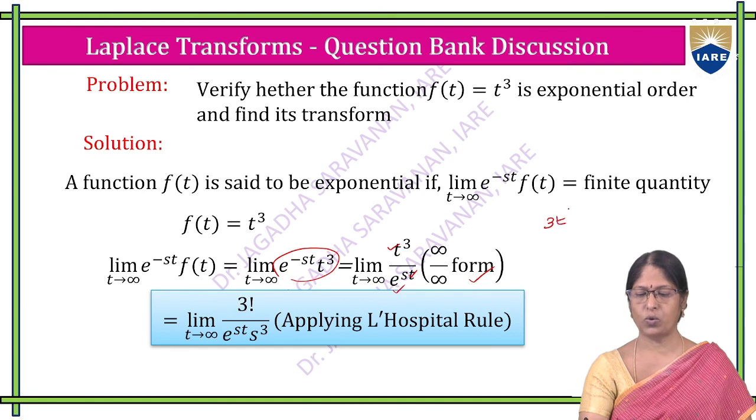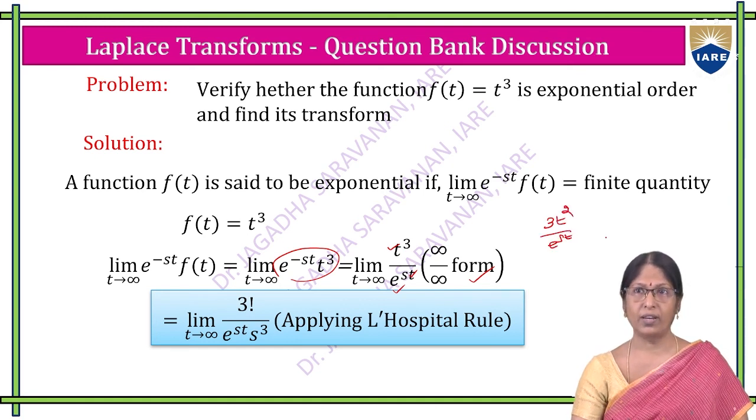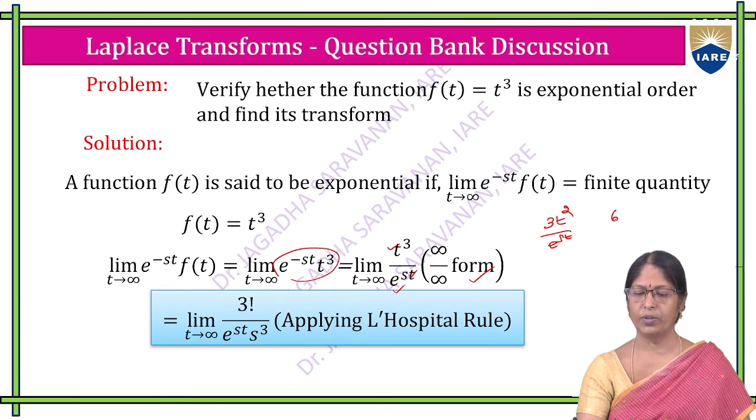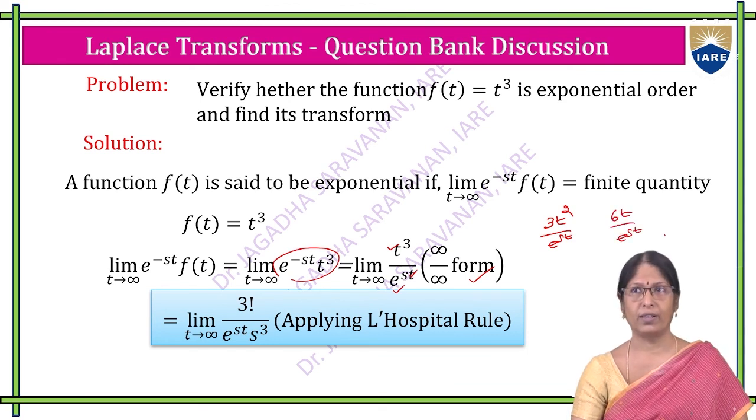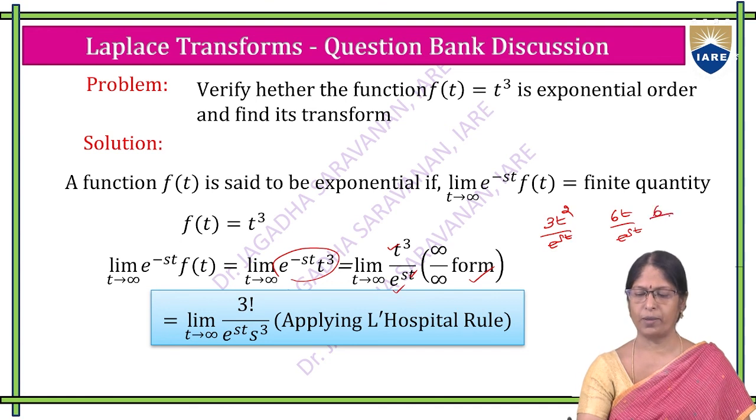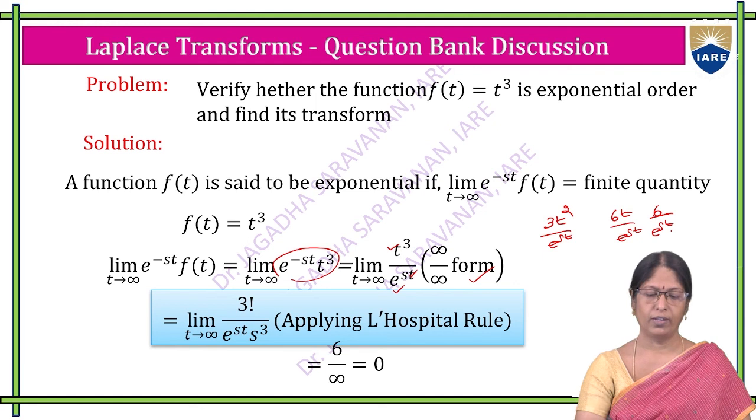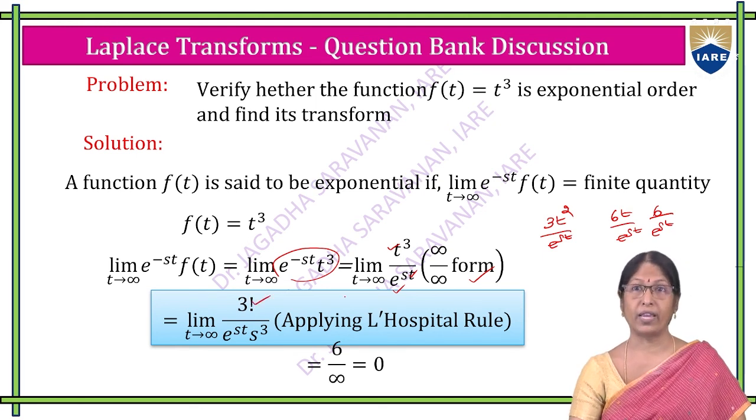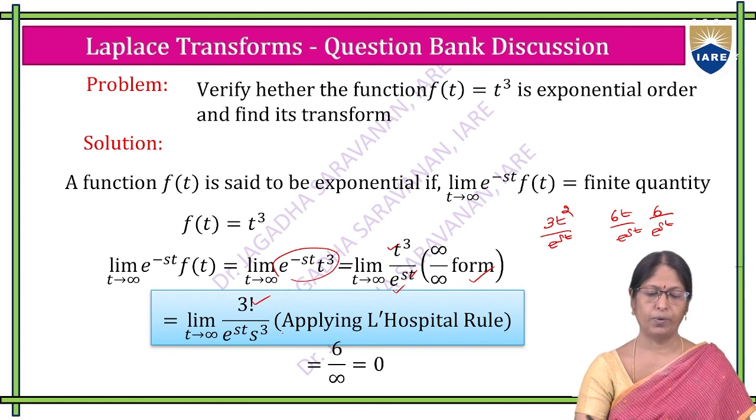So 3t square divided by e power st. Still, substituting infinity gives an indeterminate form. Again we do 6t by e power st, and still one more time, so we obtain 6, that is 3 factorial, by e power st times s cube.